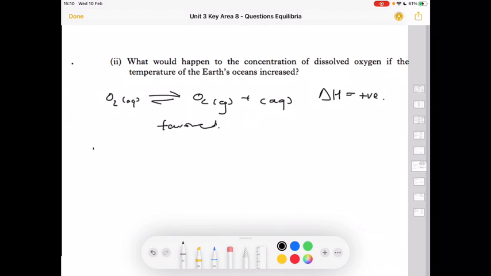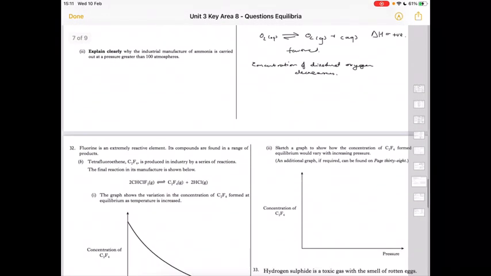This means that the O2, so the concentration of dissolved oxygen decreases. Okay, let's see if we can find another one to do.